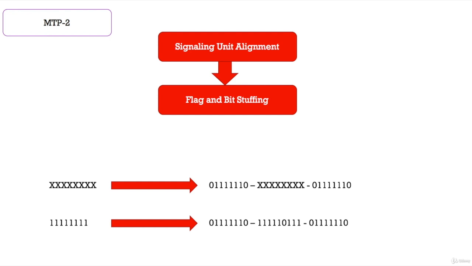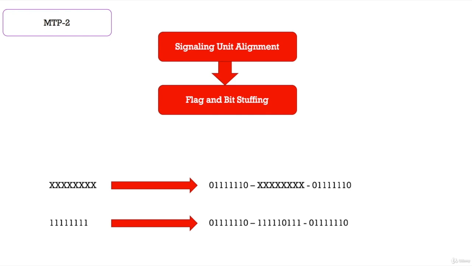Typically the flag is 6 consecutive 1s with a 0 on both sides. So it's basically 0 1 1 1 1 1 1 0. That's the flag. Now this pattern should not appear in the main packet.